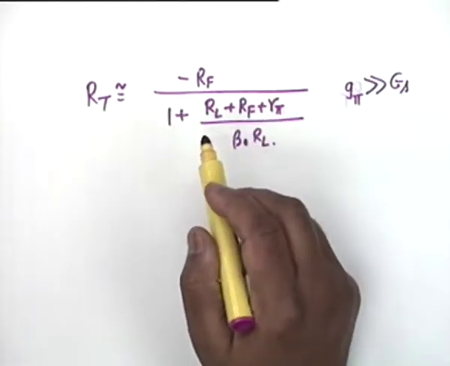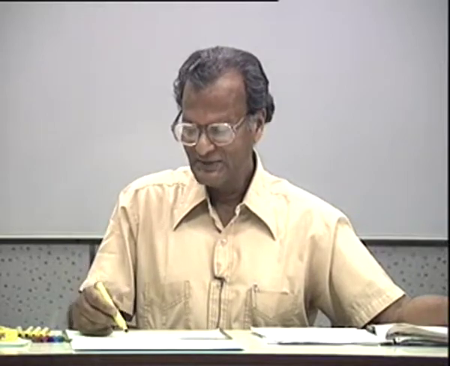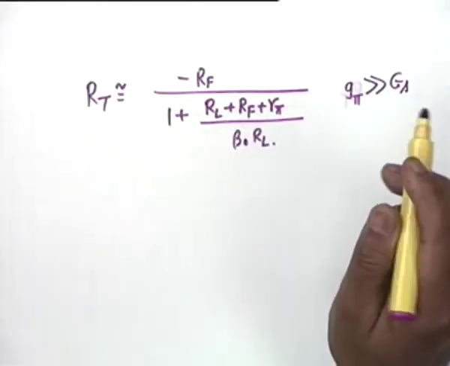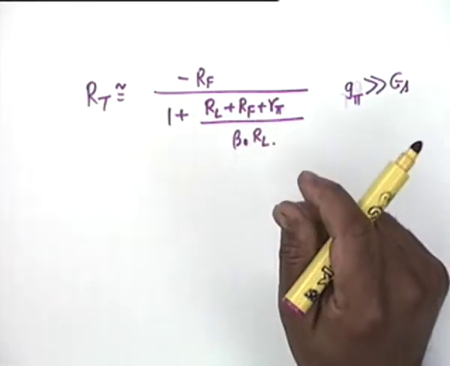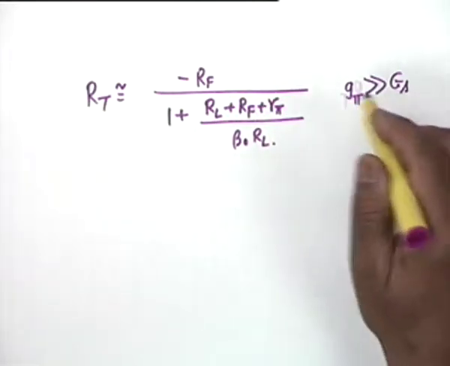This is the condition. Otherwise, R pi shall be replaced by the parallel combination of R pi and RS. Okay. This is the situation.